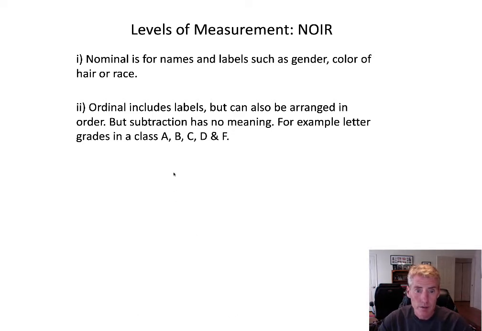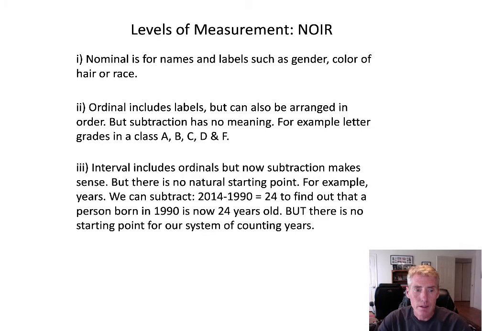Would you rather have an A in the class or would you rather have an F? Well, first I'd like to have an A. If I can't do that, second I'd like to have a B, etc. So there is some inherent order there. But if I take an A minus a D, that doesn't really mean anything. I can't even get an answer for that. So that's ordinal.